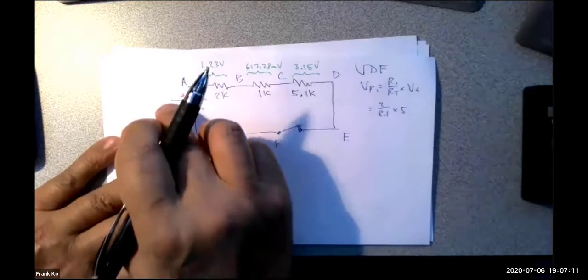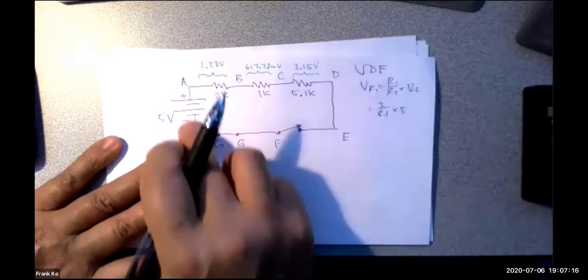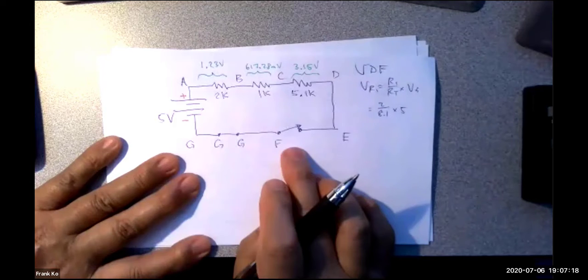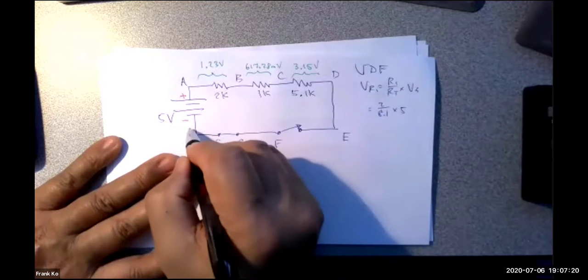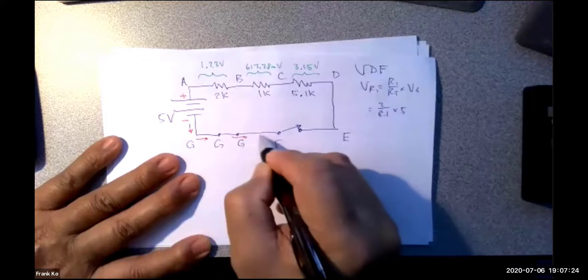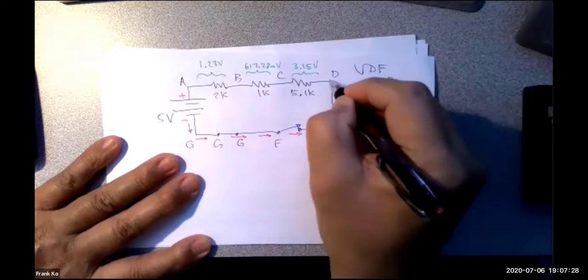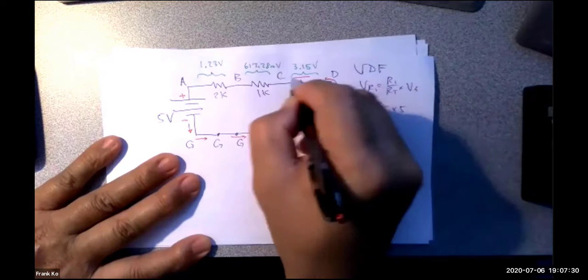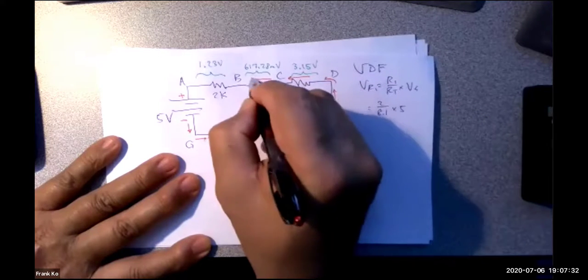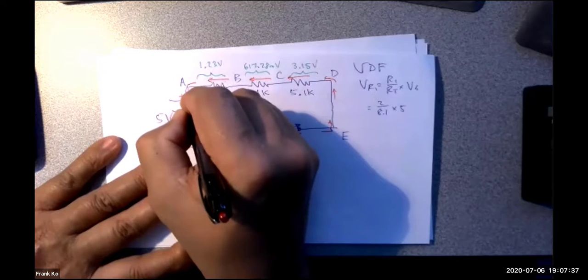Once we know the orientation of the plates of the source, that tells us how to mark polarities across these components. So the electrons will be pushed out of the negative plate down here, go this way, go this way, go up, and then go around the corner, go through this resistor, go through this resistor, go through this resistor, and end up at the positive.